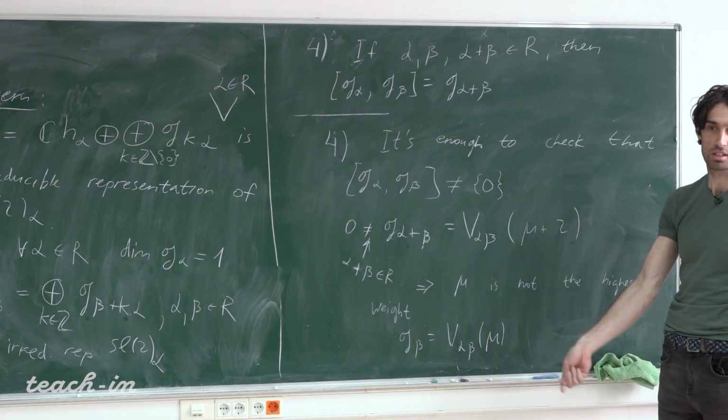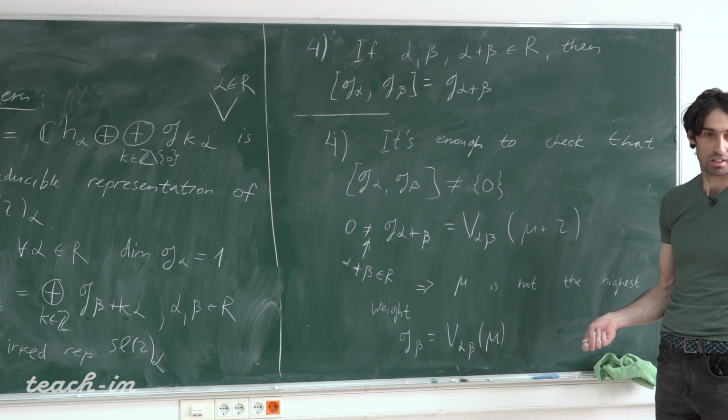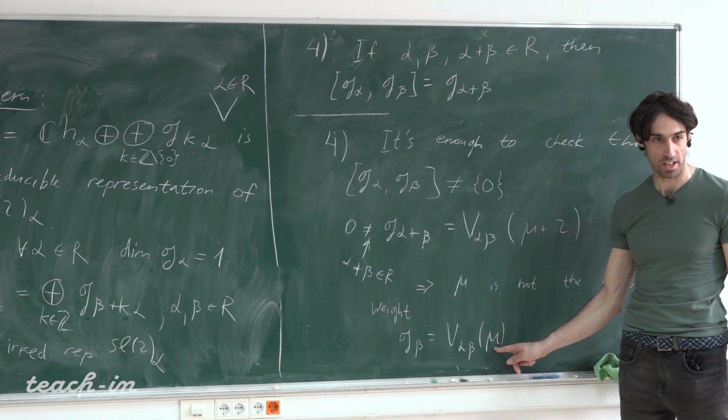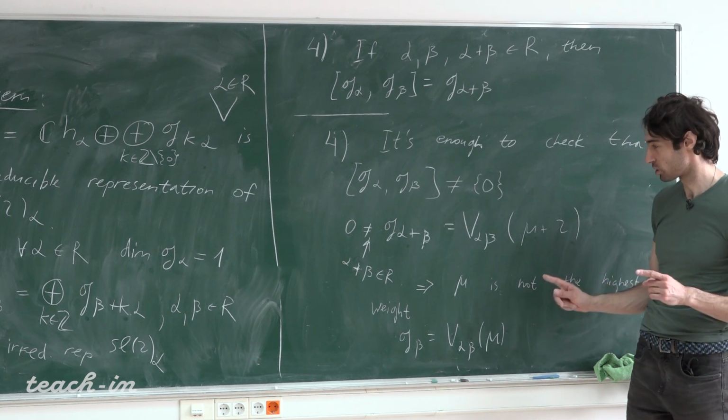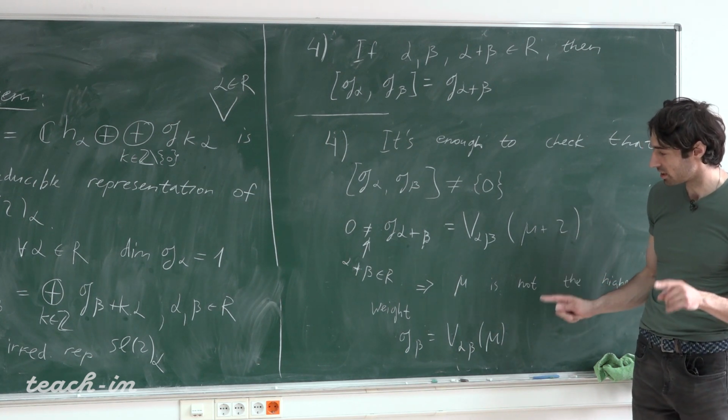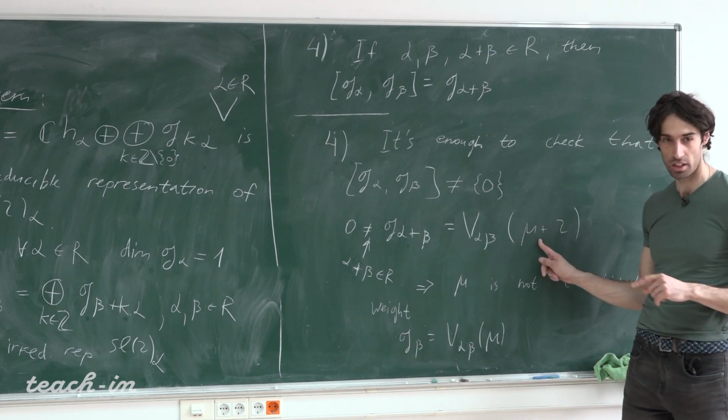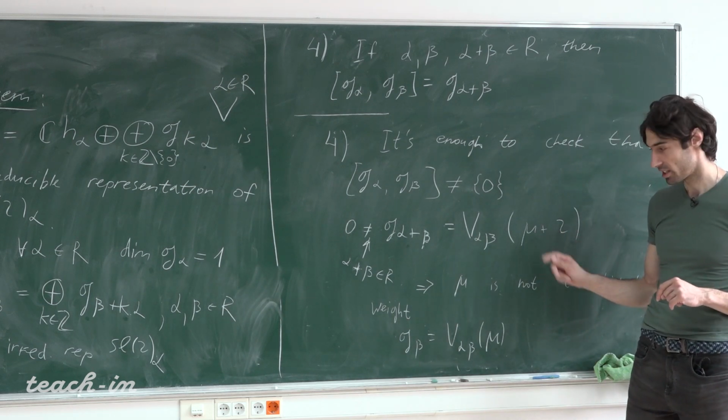If I act by here, get something, it gets 0, it means that mu is actually highest, right? But I know that it's not highest. Sure enough, I can get by action of E to here, right?